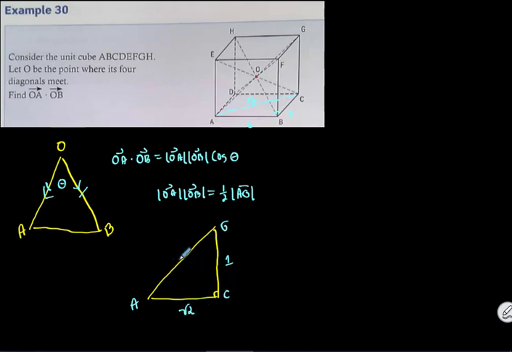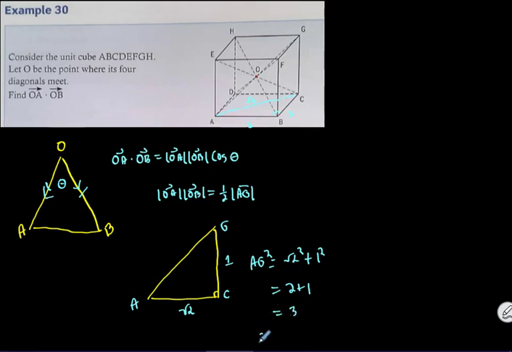Now I can use this to find what AG is equal to. AG squared is going to be equal to this side, root 2 squared, plus 1 squared, which is 2 plus 1, which is 3.